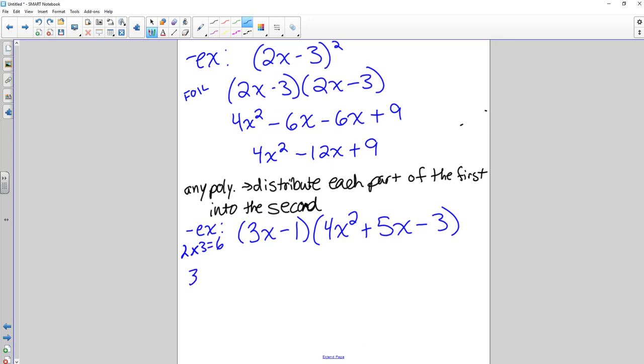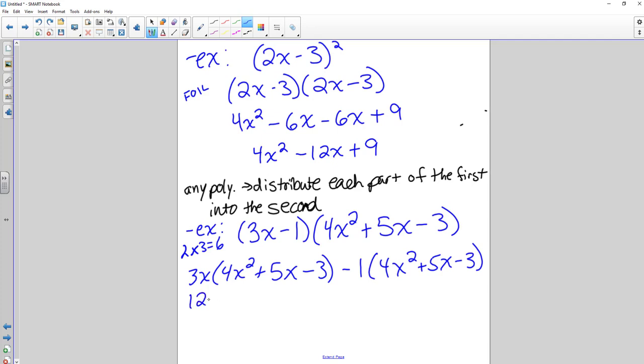So first I'm going to take 3x times the whole second polynomial. So I'll write that out, 3x times 4x squared plus 5x minus 3. And then I'm going to distribute the minus 1 times the second polynomial, 4x squared plus 5x minus 3. If this first polynomial was more than 2 terms, each part could do the third one, or if there's 4. So now it's really like distributing a monomial.